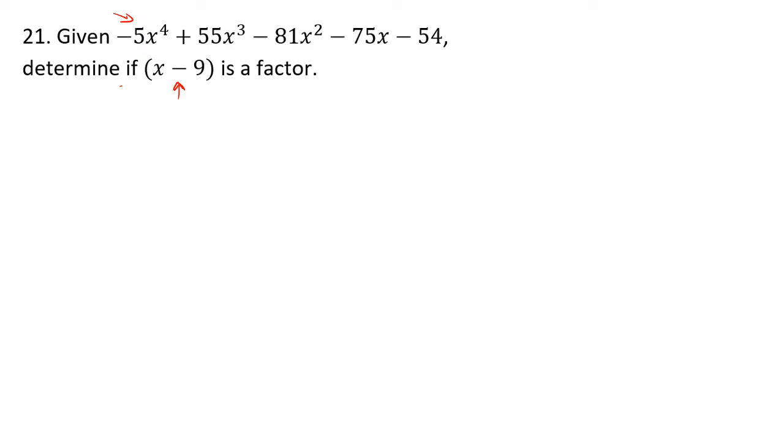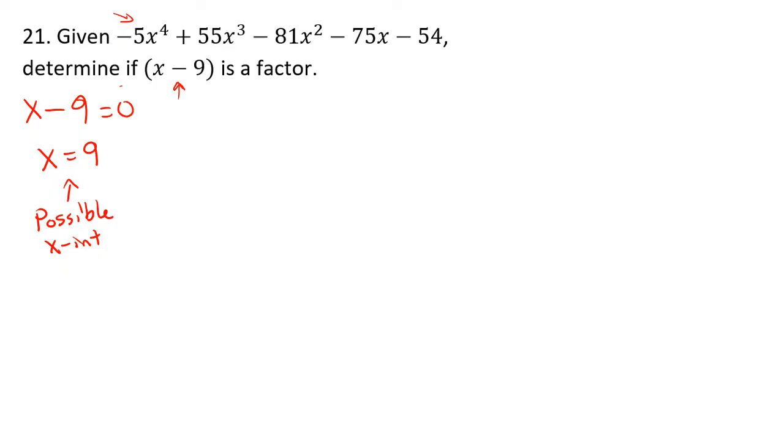So if I were to assume that x minus 9 is a factor of this, I would ask myself the question, what number minus 9 is equal to 0? Positive 9. This is a possible x-intercept. And if we figure out if this is an x-intercept or not, then we figured out if it's a factor.